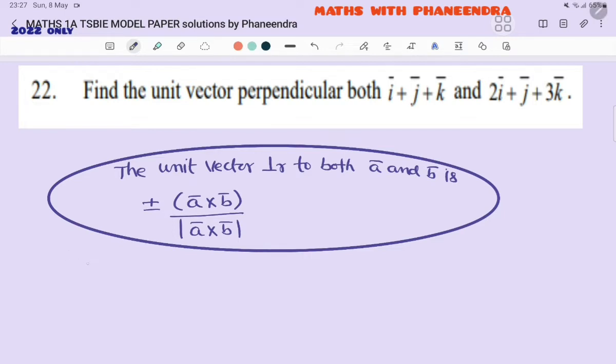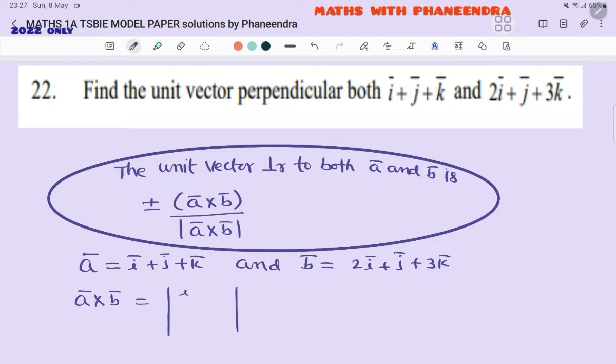So first, given vectors A bar equal to i plus j plus k and B bar equal to 2i plus j plus 3k. So A bar cross B bar is the determinant i j k, 1 1 1, 2 1 3. So i into (3 minus 1) minus j into (3 minus 2) plus k into (1 minus 2).